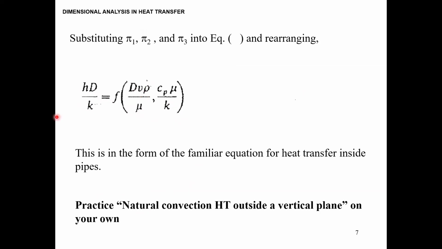With this, researchers have conducted experiments and developed semi-empirical forms that could be used to calculate heat transfer coefficient when all the other variables are known. So that is the other purpose of doing this dimensional analysis.